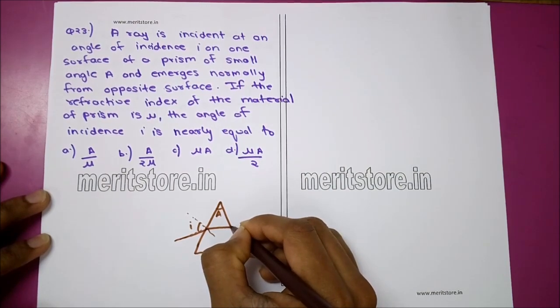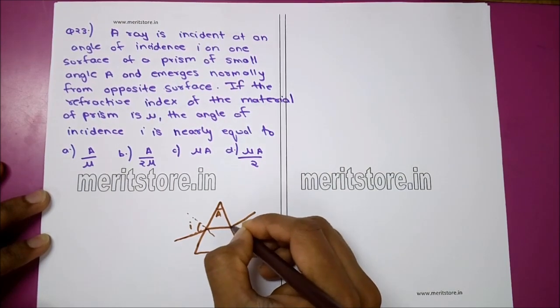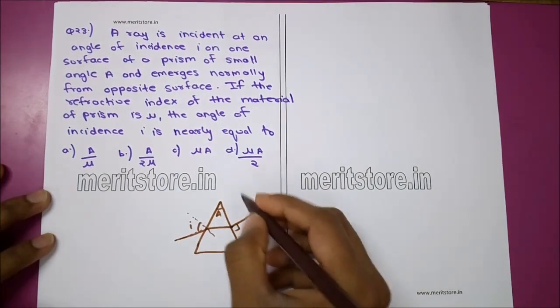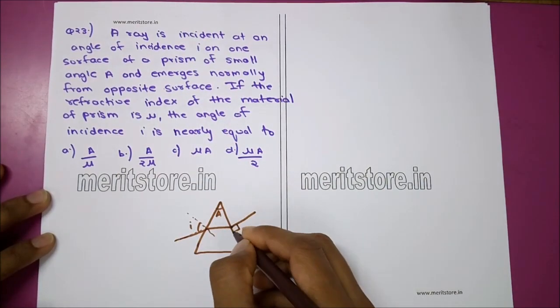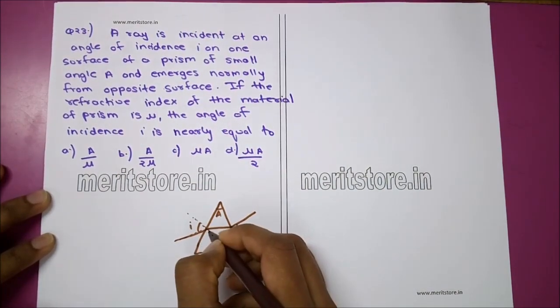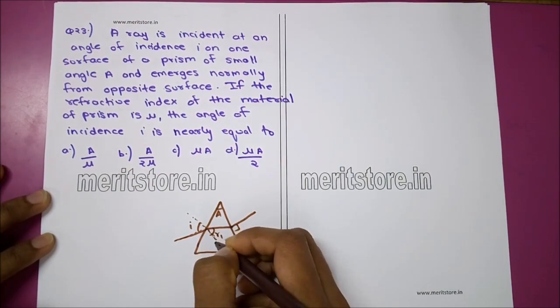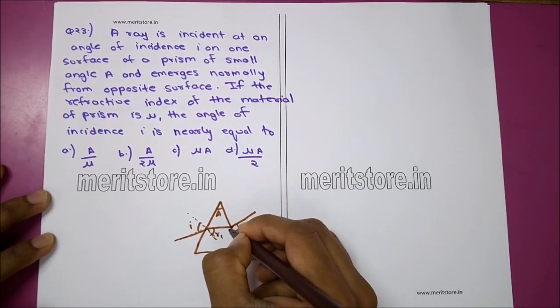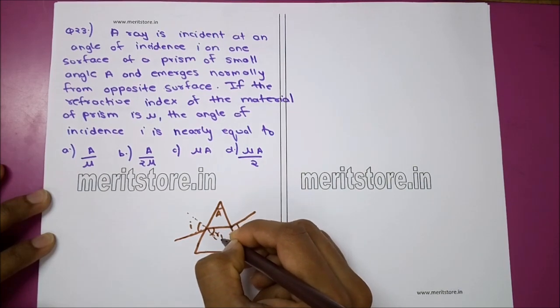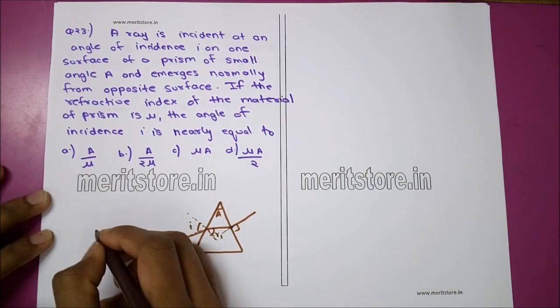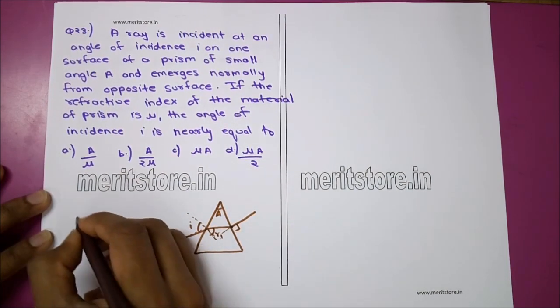However, in this case it comes out normal to the second surface, and therefore this angle R1 is the angle of refraction at the first surface and R2 would be the angle at the second surface.